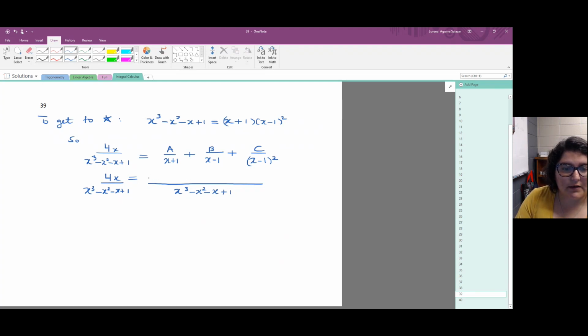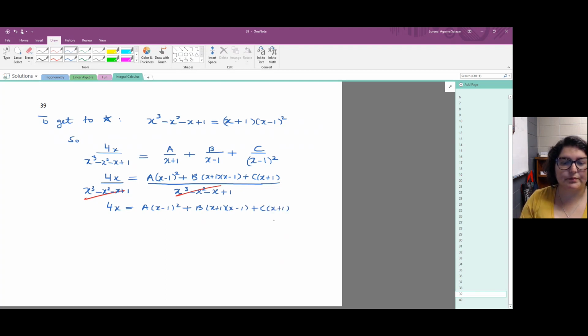And on top we have a times x minus 1 squared, plus b times x plus 1 times x minus 1, plus c times x plus 1. So we end up with 4x equals a times x minus 1 squared plus b times x plus 1 times x minus 1 plus c times x plus 1.